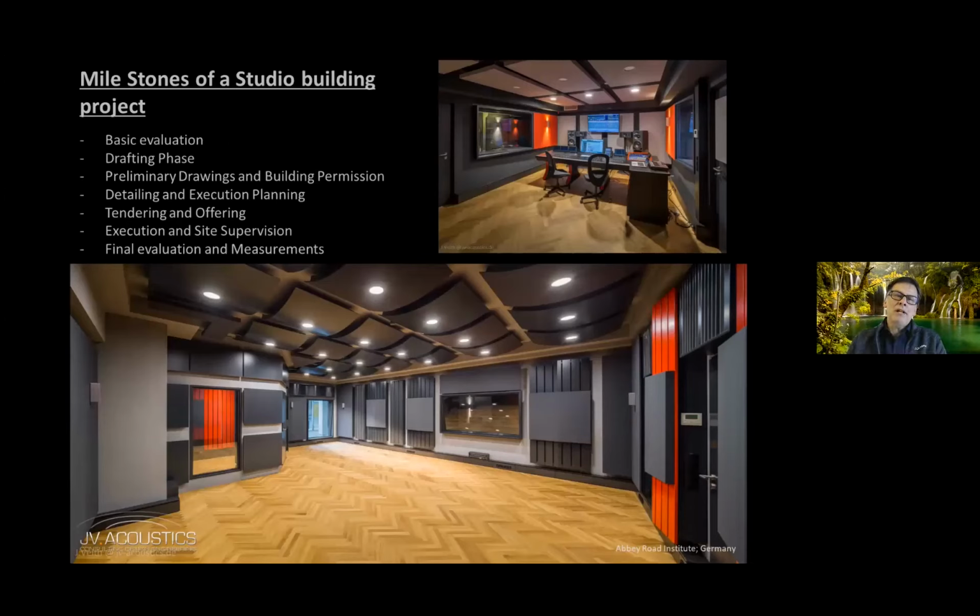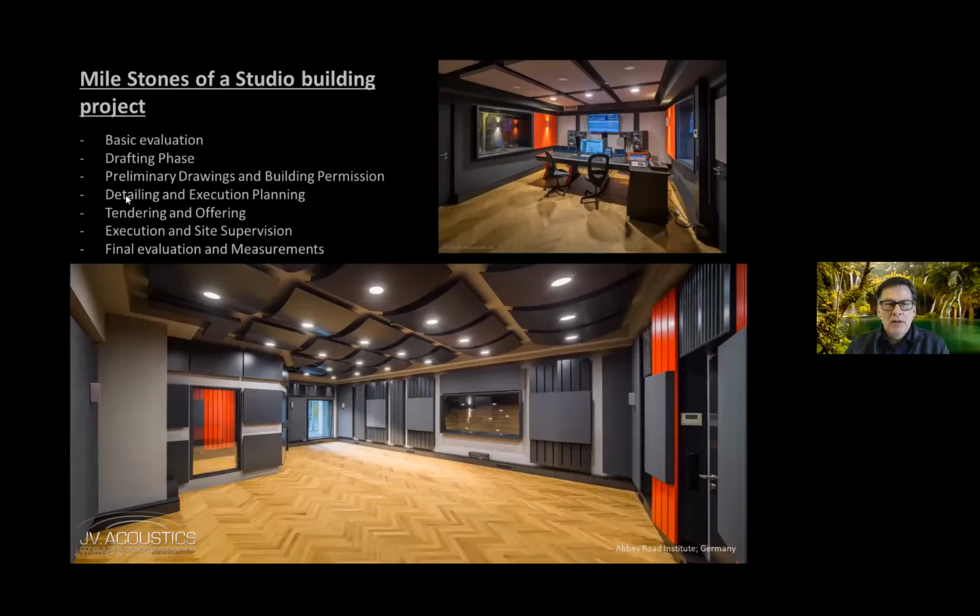So these milestones in a studio project are like in an architectural office. The first step is basic evaluation. Then you have a drafting phase. Then you have the preliminary drawing and building permission phase.